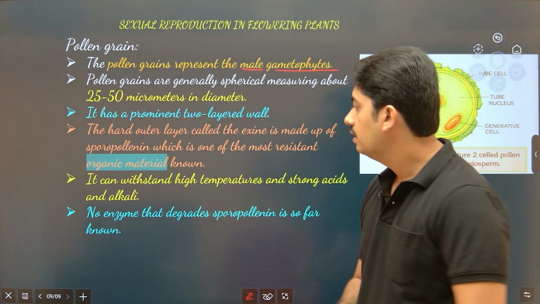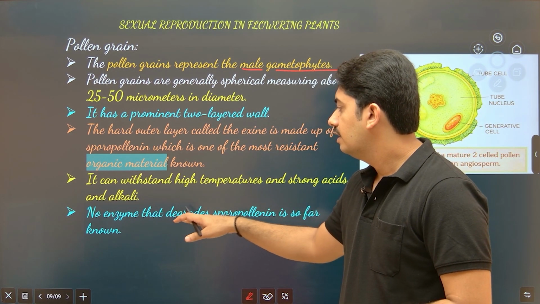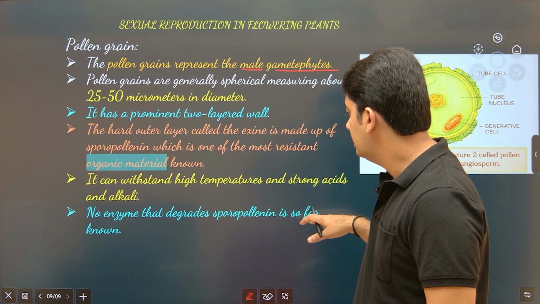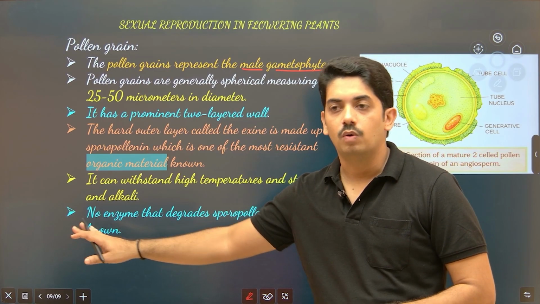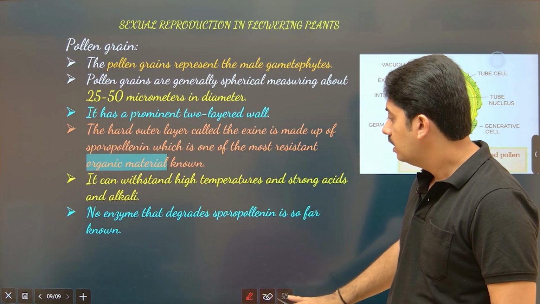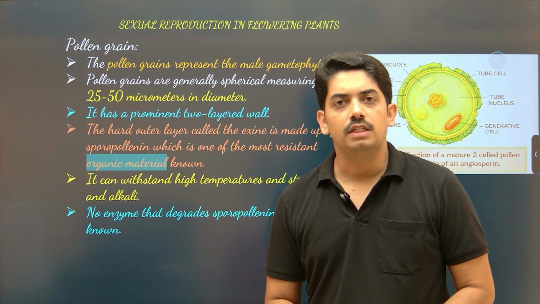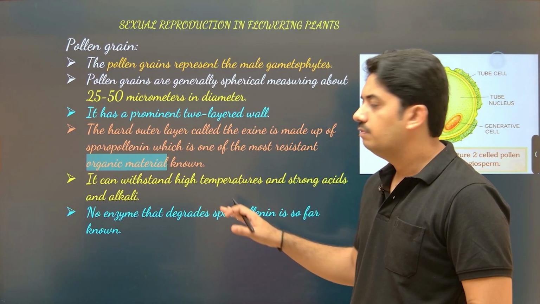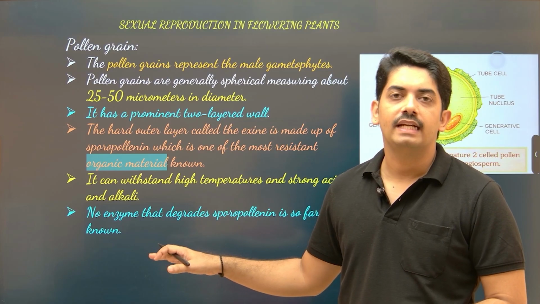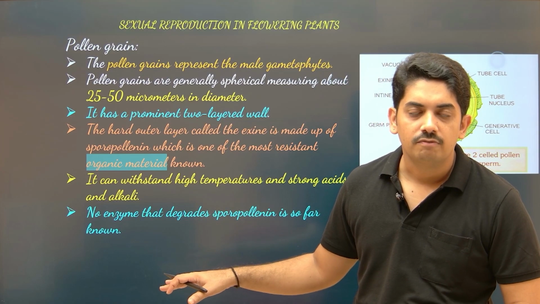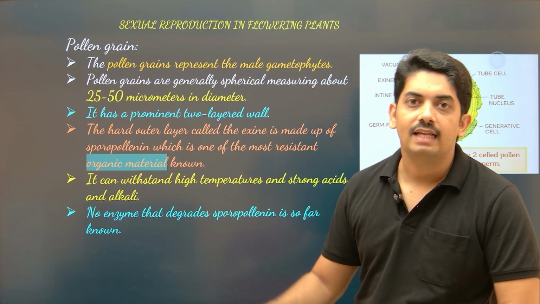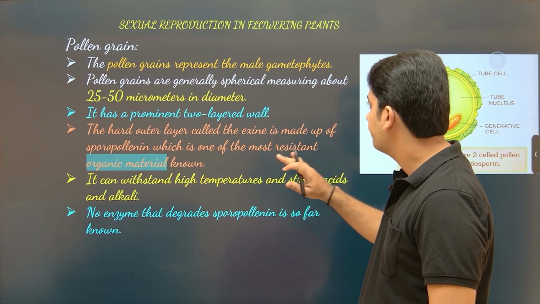Because of that, no enzyme that degrades sporopollenin is so far known. That means till now nobody has discovered an enzyme capable of degrading the sporopollenin present on the exine wall of the pollen grain.